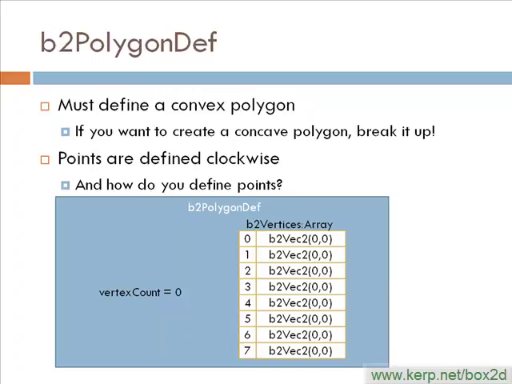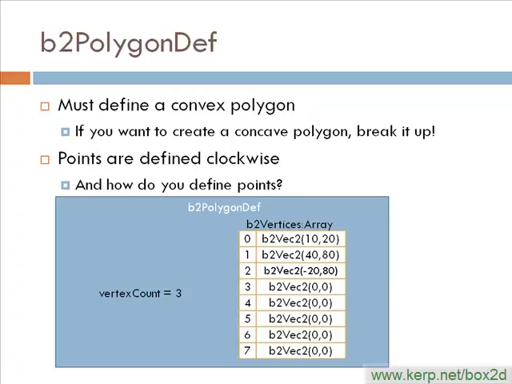Now basically what would happen is if say I were to define a triangle, I would set my vertex count to be 3, and then I would go into my B2 vertices array and change those first 3 entries into some real points that I would actually want to use. And then Box2D would know, okay, let's take a look at points 0, 1, and 2 in this array because those are the ones I intended to use because vertex count is set to 3.